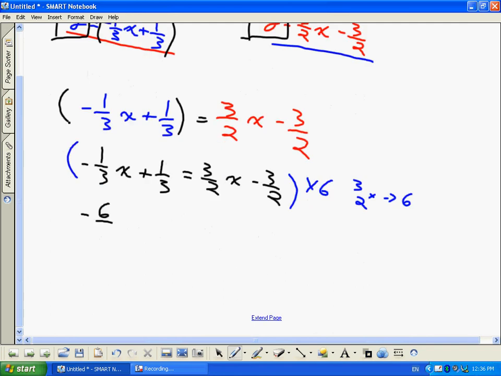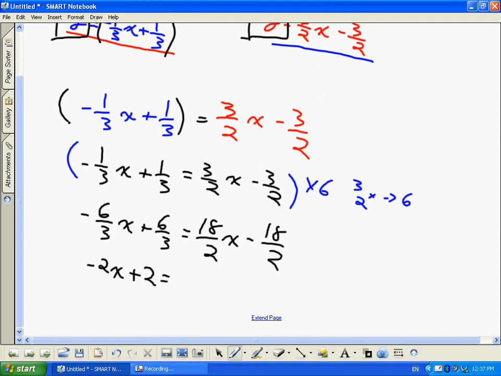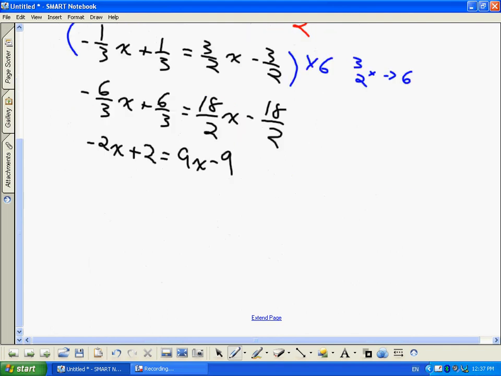When I do that, I get negative 6 over 3 x plus 6 over 3 equals 18 over 2 x minus 18 over 2. Well, I can divide all of those. That's why I chose to multiply by that number. Negative 6 over 3 is negative 2x plus 2 equals 9x minus 9. Now I'm working with whole numbers. Got rid of all my fractions. Much easier to work with.